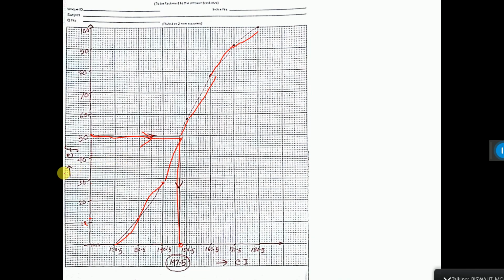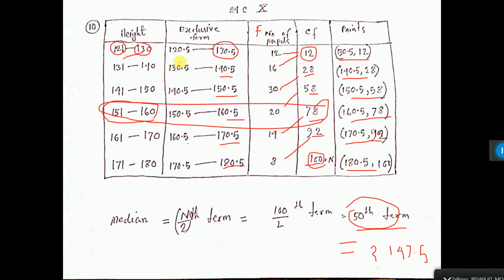Now on the graph, this side you have to write CF and that side you have to write CI. CI means class interval. So our class interval, see here, is 120 up to 180.